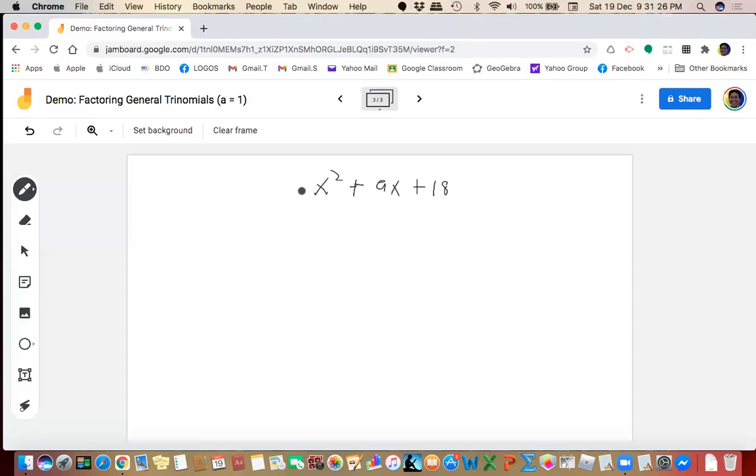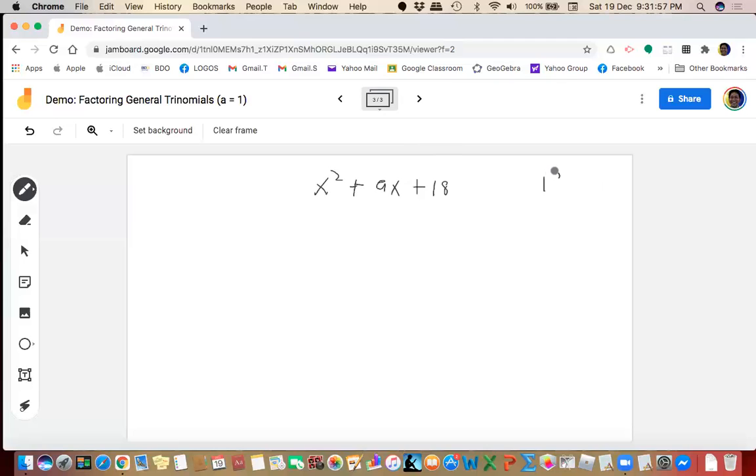It's understood to be 1, and therefore this falls under the type 1 category. Now, if you're dealing with type 1 trinomials, all you have to do is look for factors of the last term, and then you either add or subtract depending on the sign that precedes the last term. If it's a plus sign, that means you add the factors and your target number is the middle term.